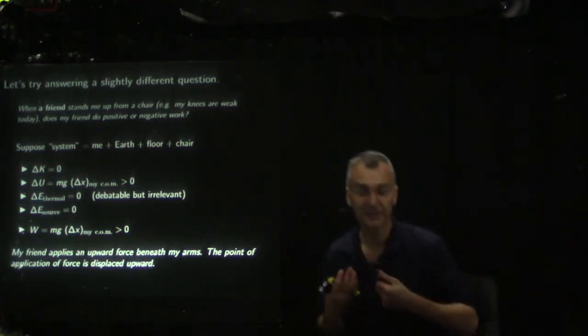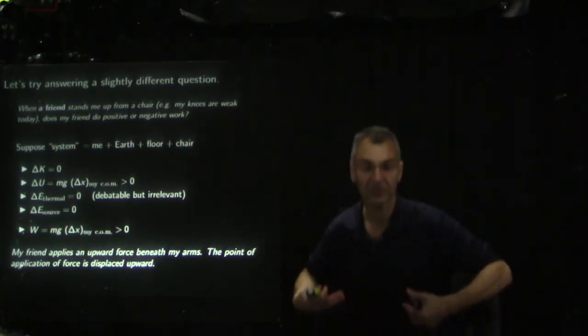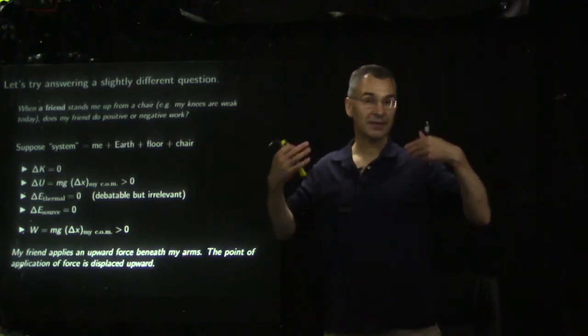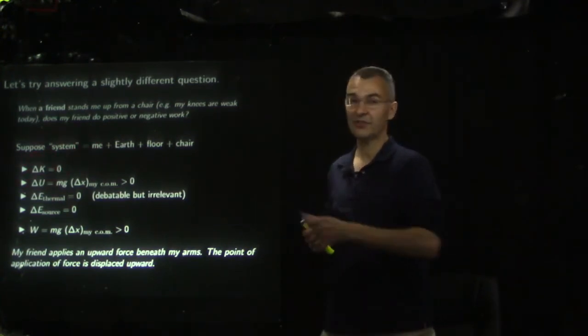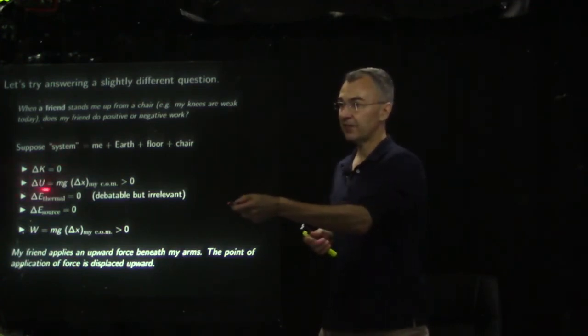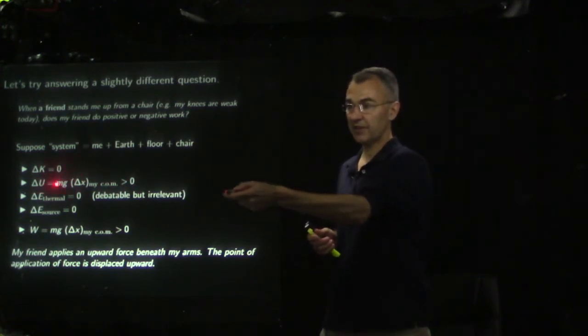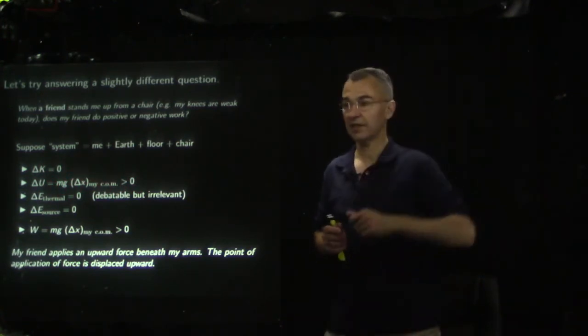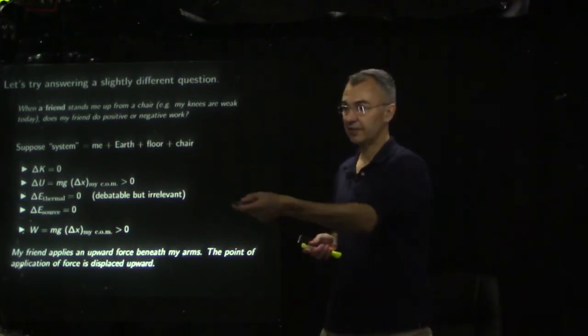Initially I have 0 kinetic energy and my friend's helping me stand up, but by the time my friend's all done, I have 0 kinetic energy. So the change in kinetic energy is 0. The change in gravitational potential energy is positive, right? Because that's mg times my altitude gain.